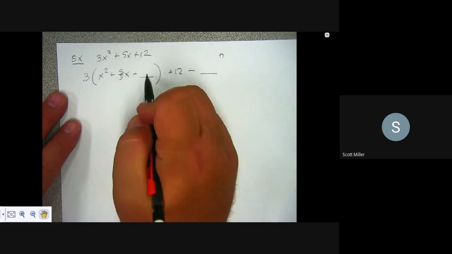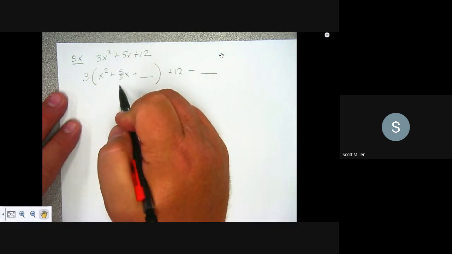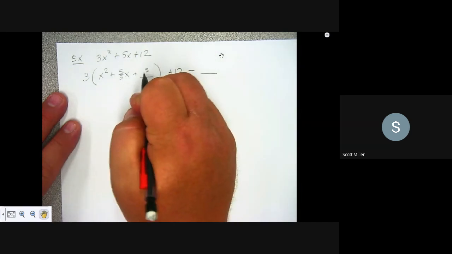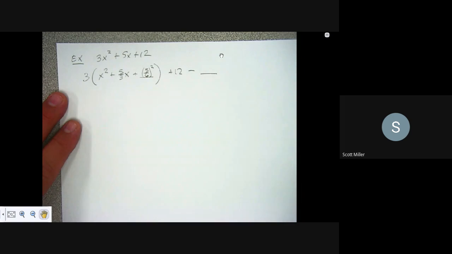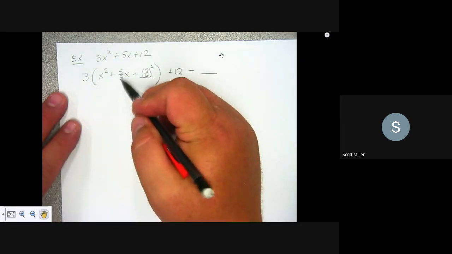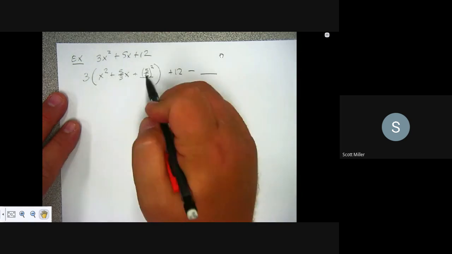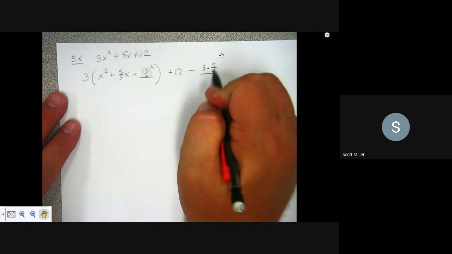So what is the thing here that I need to do? Well, it's half of this squared. Half of that is 5 over 6 quantity squared. Divide this by 2, times the bottom by 2, and that's what you get. So then that quantity times 3 goes out here. So 3 times 5 over 6 squared.